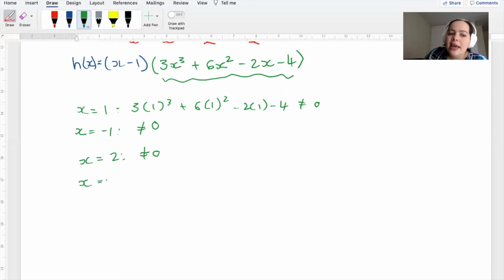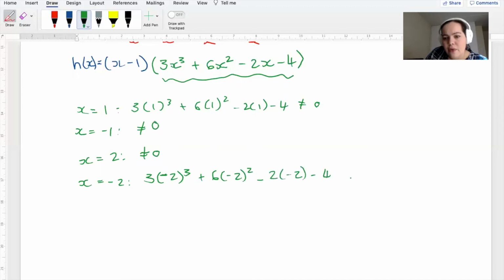And then we're going to try x equals negative 2. I have a feeling about this one, guys. So negative 2: 3 times negative 2 cubed, plus 6 times negative 2 squared. Negative 2 times negative 2 is 4.